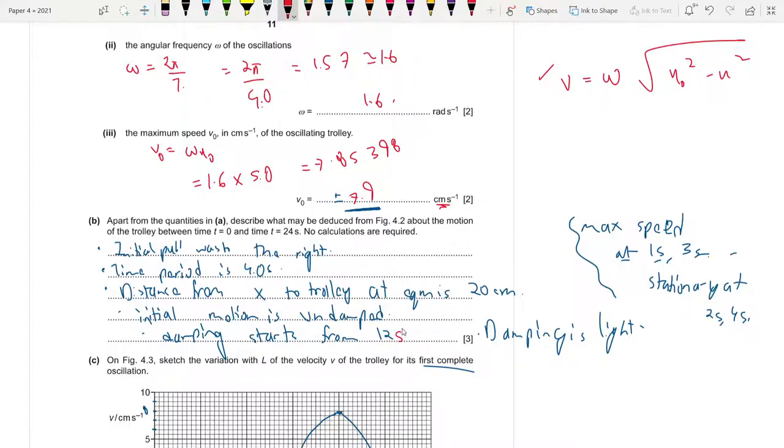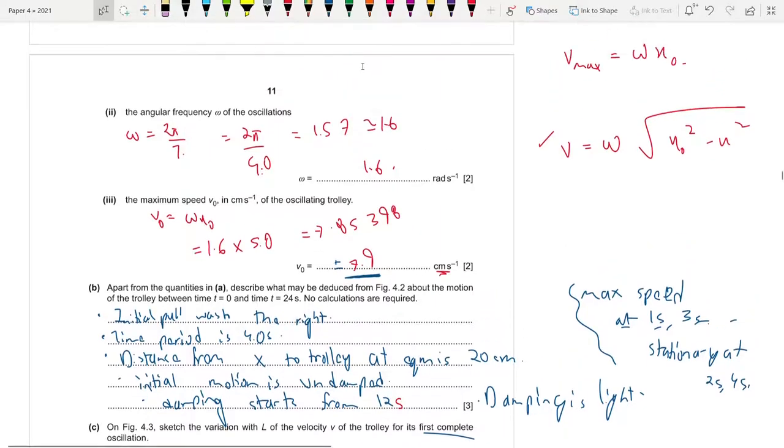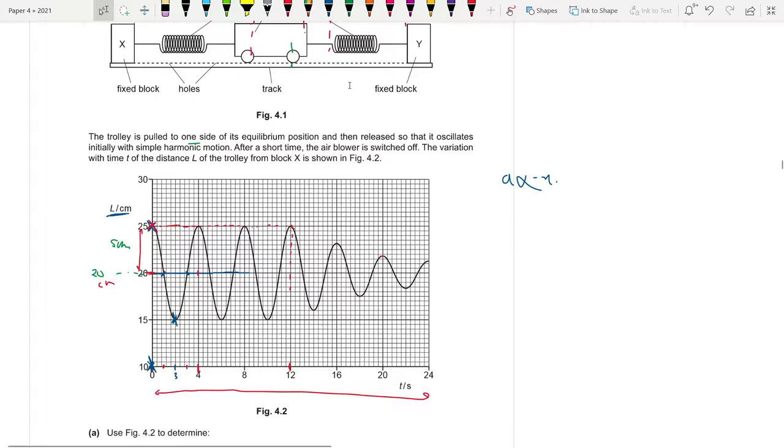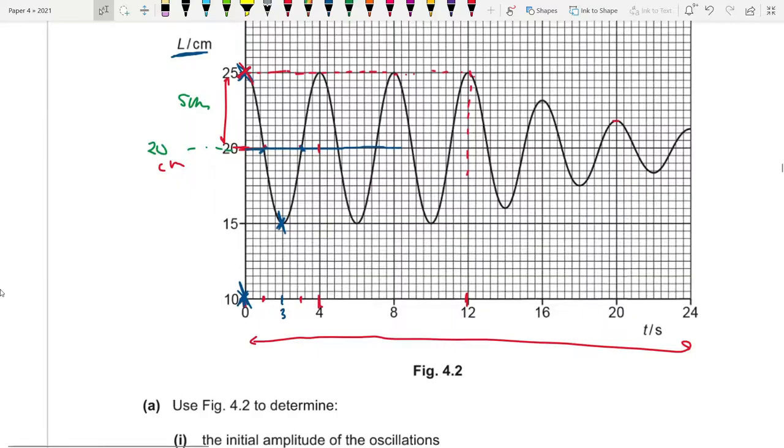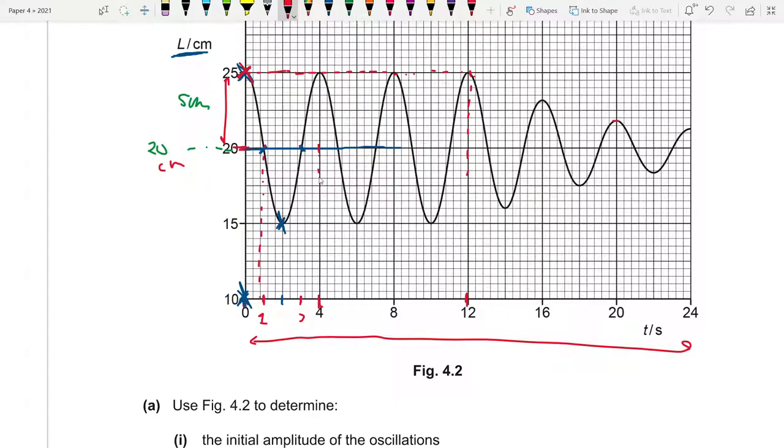What is the type of damping? Damping is light. And when do we actually reach maximum speed? Always remember, you will have zero speed at maximum displacement and maximum speed at equilibrium, okay, when you hit 20. So when do we have maximum speed actually? So it's here at 1 second, okay, then at 3 seconds, basically whenever we reach equilibrium position, not 4 here, between 2 and 4, right, which is 3.